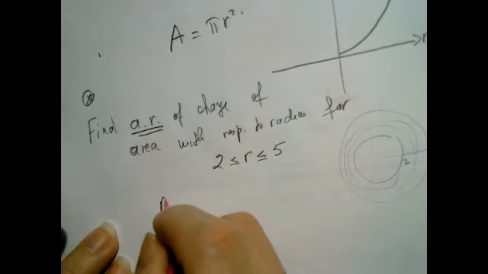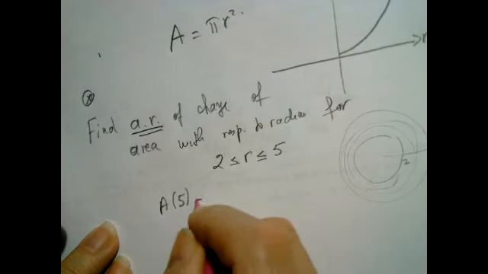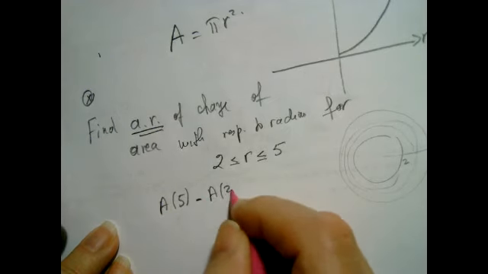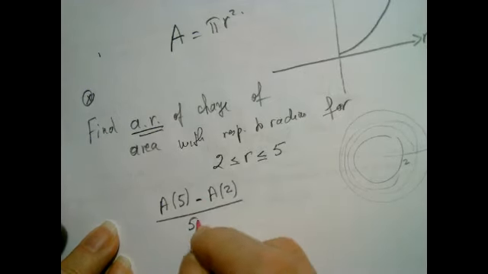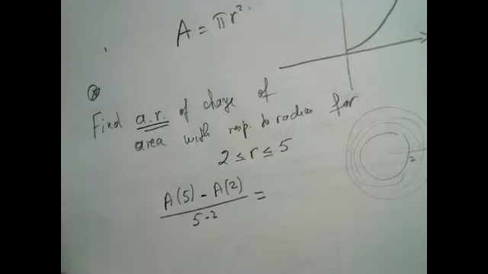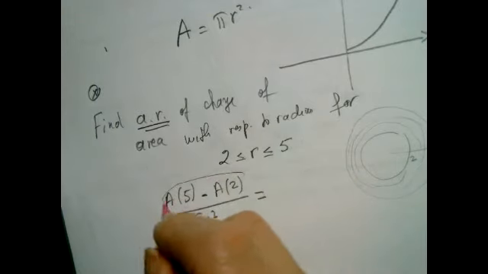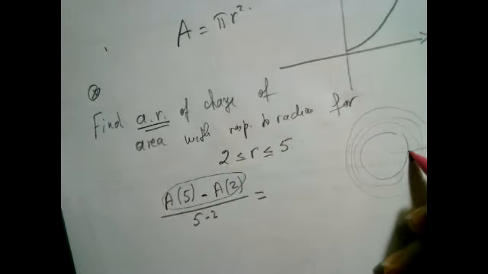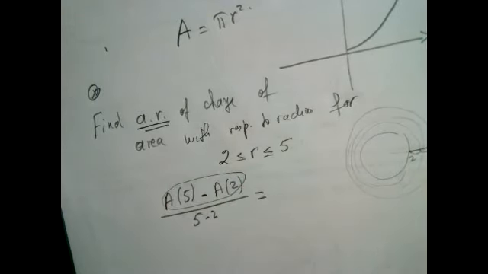It is the area at 5 minus the area at 2, over 5 minus 2. And we plug those numbers into the calculator, and we get the following. So that's the change of area, how much the area changed from here to here, over the change in radius.